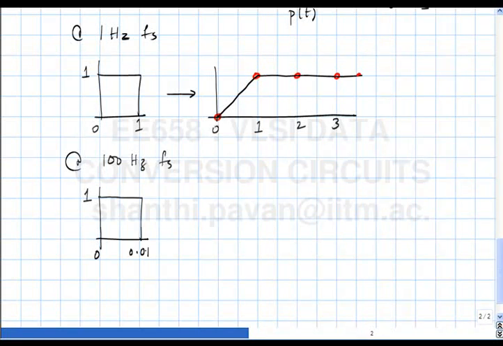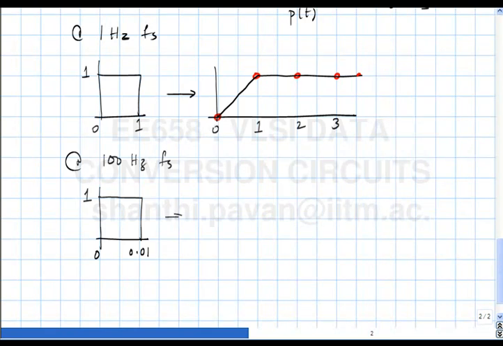Why? Sampling rate is, yeah, that's what I said. Yes, but why? The output of the DAC will update, instead of updating at 1 second, every 0.01 seconds. Correct? So this is the pulse shape.